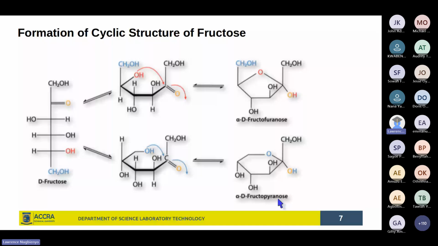You can have these two occurring, but mostly you see the first, the fructofuranose, because that is the most stable that you'll find. So a lot of times fructose is presented as a furanose rather than a fructopyranose.